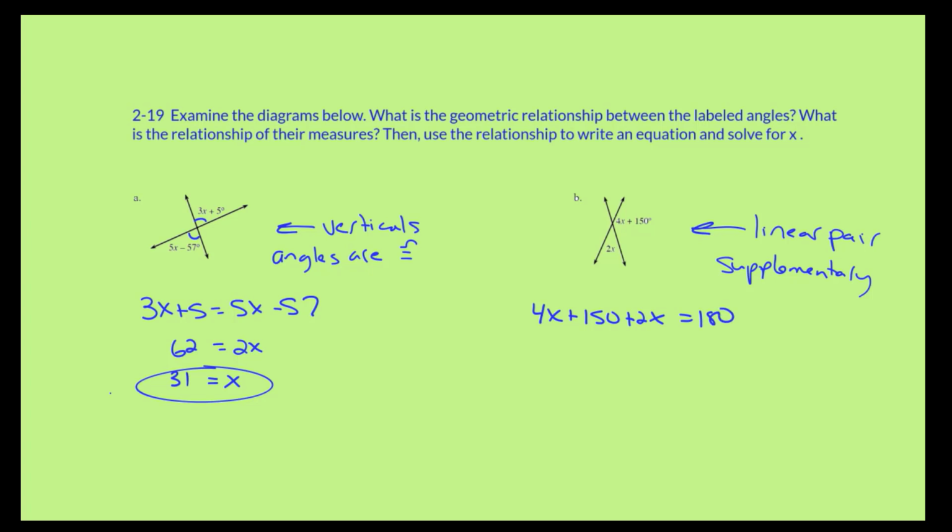Okay, so I'm going to combine like terms. All right, then we subtract 150 from each side. Then we divide by 6 and x equals 5. Okay, and that helps you solve for both part A and part B, and hope that helped.